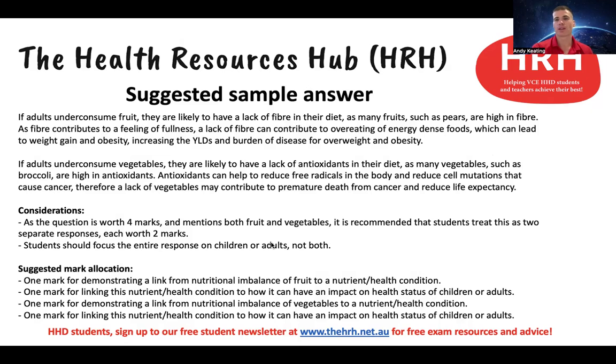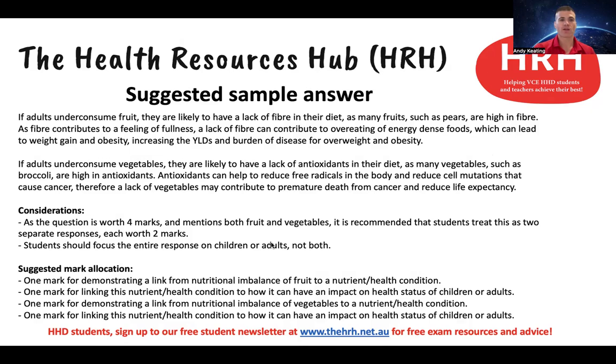I think when linking into fruit and vegetables, linking into specific nutrients is important. You'll also see as part of that response how that nutrient is then relevant for the development of a health condition, and then linked to that health condition into health status. I've used YLD as an abbreviation because it's already used in the study design as an abbreviation, so there's no need to write it out in full.